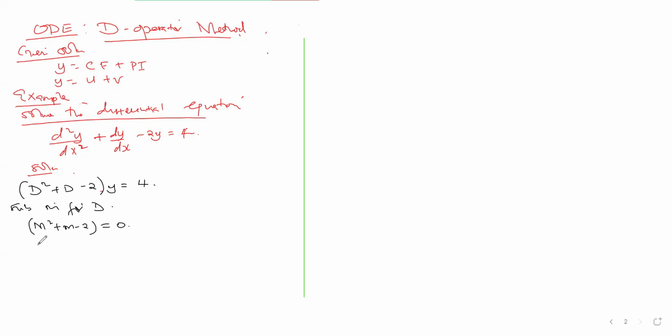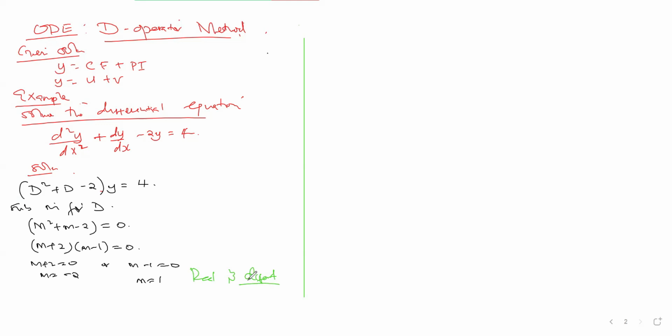So in terms of factors, we have m plus 2 and m minus 1. What will be the roots here? Either m plus 2 equals 0, so m gives you -2, or m minus 1 equals 0, so m gives you +1. So what do we say about these roots? They are real and different.